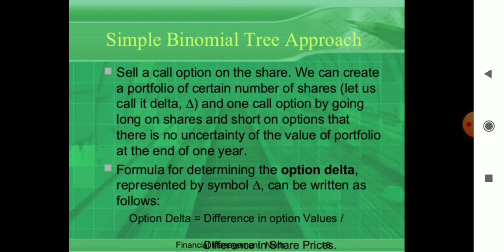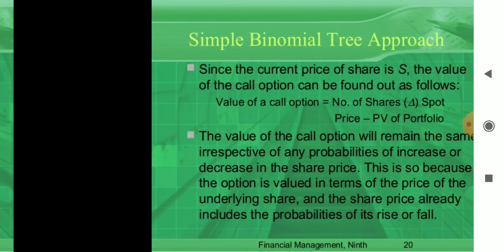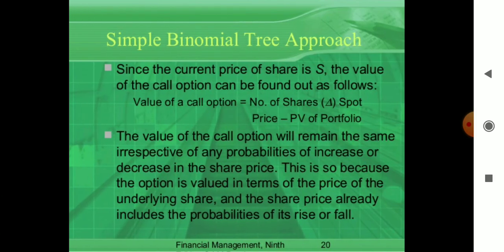A simple binomial approach: the present value of the option is equal to the value of the portfolio divided by the discount rate. So the value of the call option is equal to the spot price minus the present value of the portfolio.